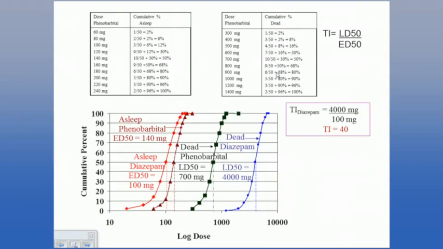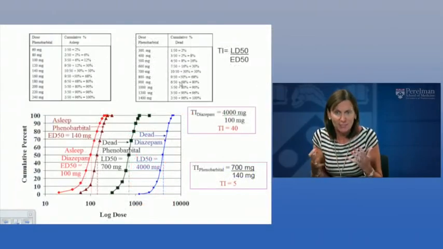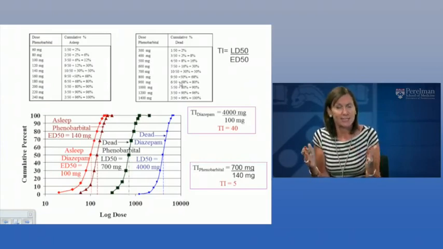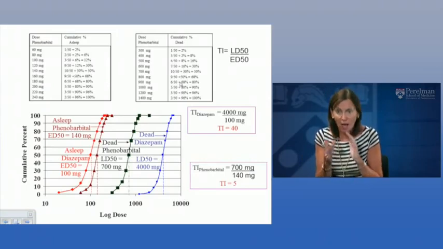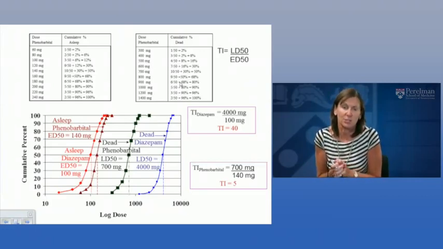So in this particular example, with an LD50 of 700 milligrams and an ED50 of 140 milligrams, the therapeutic index is only 5. So for the purposes of an anxiolytic, a therapeutic index of 5 is absolutely not attractive to safe medicine, because the potential of lethality or of very serious respiratory depression exists in common everyday practice with commonly prescribed doses with phenobarbital. As a result, it is not a drug that is commonly used today.